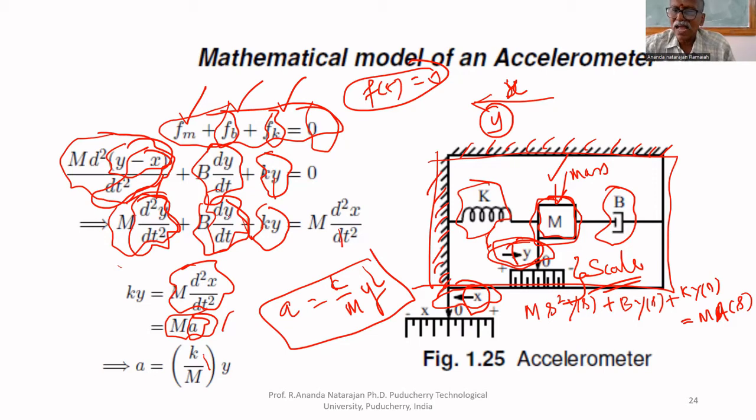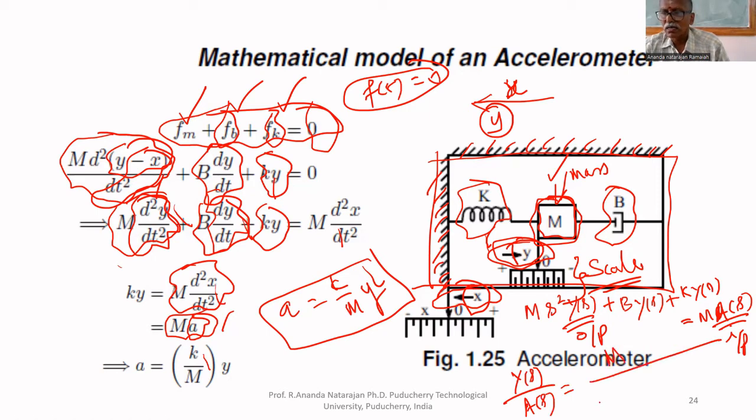Here the scale is in acceleration. Therefore, y is in acceleration. Therefore, y is the output. Acceleration is the input. Therefore, the transfer function is y of s upon a of s equal to m upon m s square plus b s plus k. That's all. This is a dynamic equation.